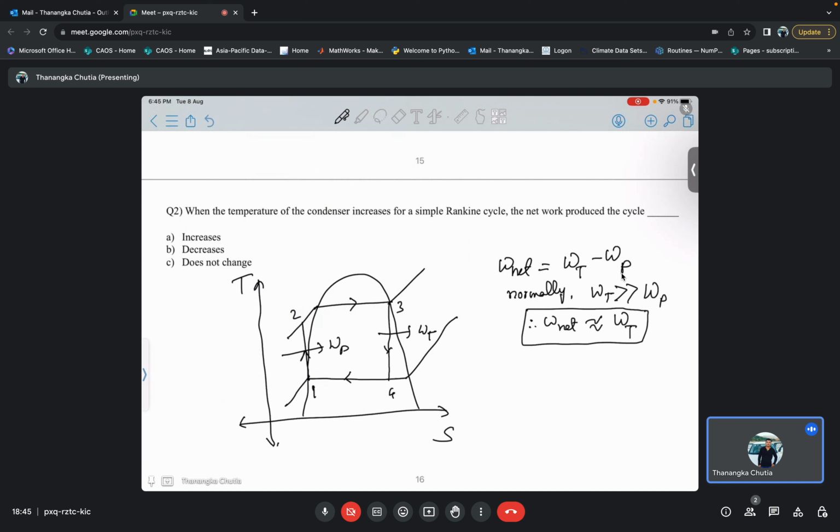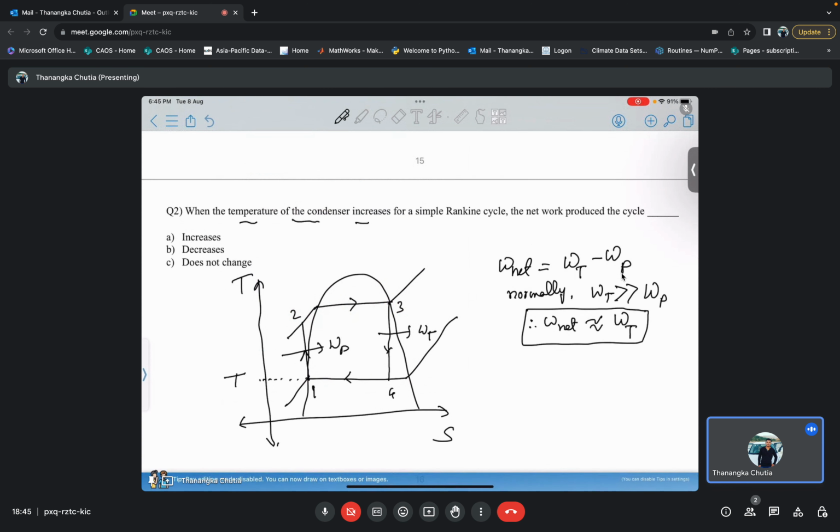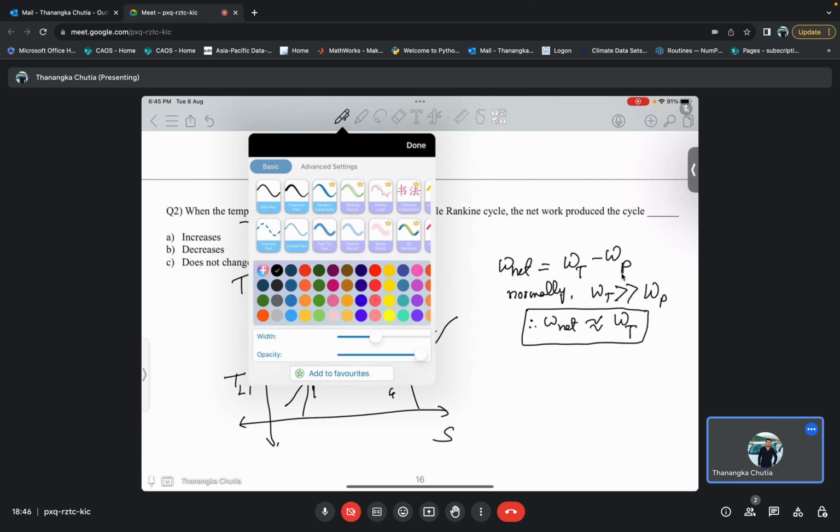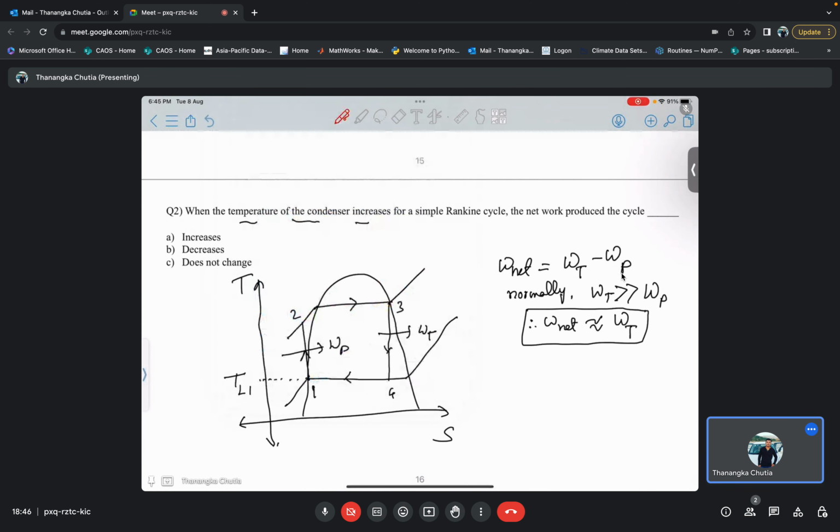Now it is telling us that if the temperature of the condenser increases. In case 1, the temperature of the condenser is my TL1. Suppose I have increased this temperature to here.